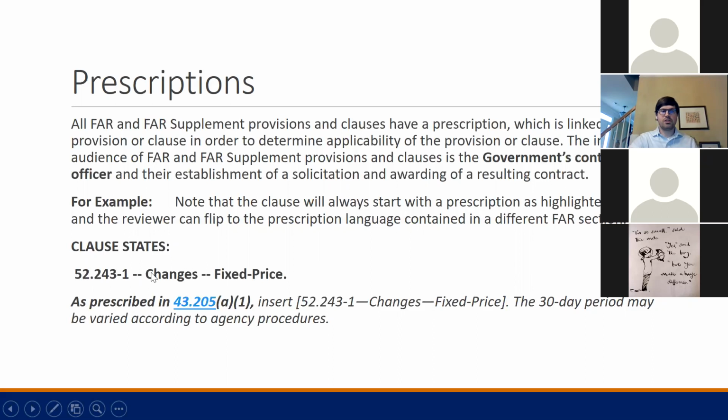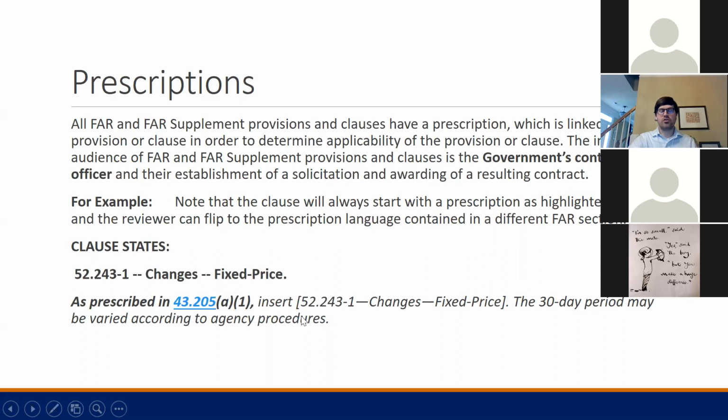So in this particular example clause, it says, insert this clause, and the 30-day period may be varied according to agency procedures. And that is going to be inserted as prescribed in 43.205(a)(1).